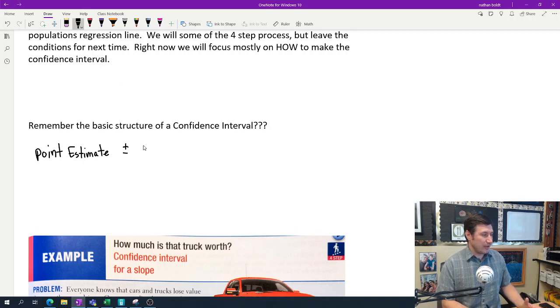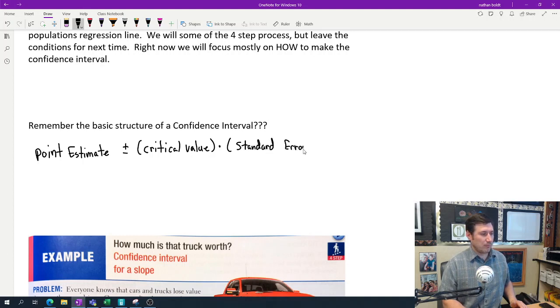So the way we figure out our margin of error is a critical value times the standard error, the estimate for the standard deviation of the variable you are looking at.